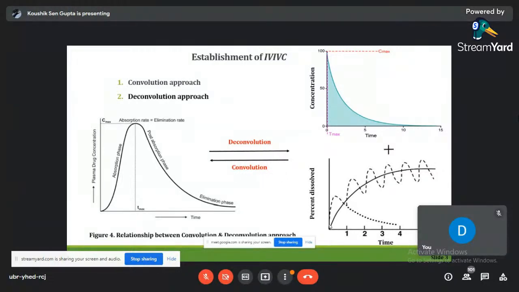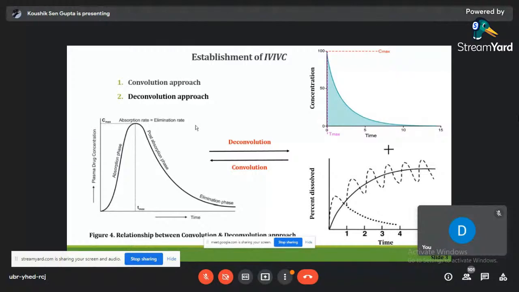Clear this? When you convert the in vitro drug release profile into in vivo performance by suitable pharmacokinetic data, then it is called the convolution approach to establish IVIVC. It is a very simple thing, the simplest method to establish the in vivo performance.